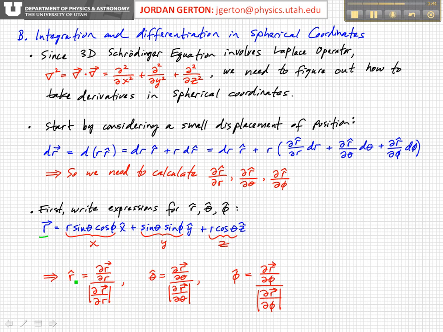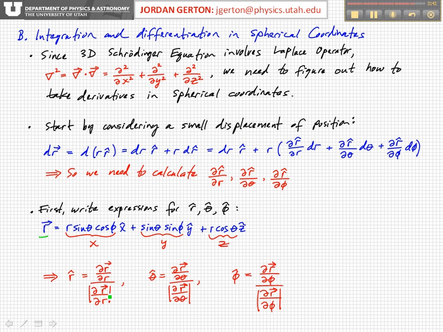Now, a simple, systematic way to determine a unit vector, for example the r hat vector, is to take the partial derivative of the position vector r with respect to the distance r. That'll give us a vector in the direction of r, and then if we divide by the magnitude of that, we'll get a unit vector.